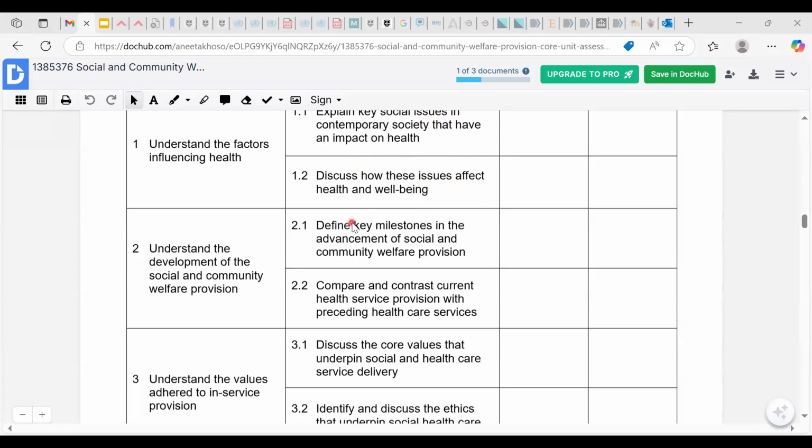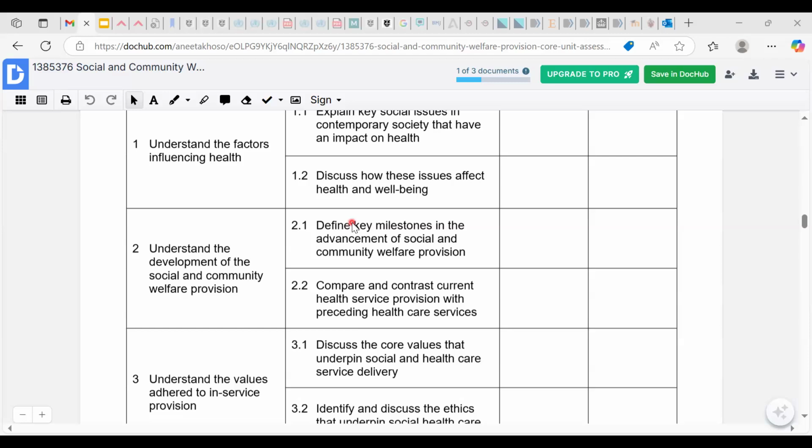Once we've talked about what social issues we have in society and how they impact health, we will also talk about their impact on well-being. This is our learning outcome for today.